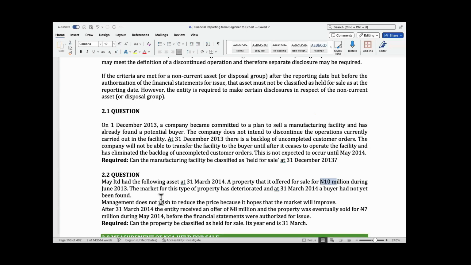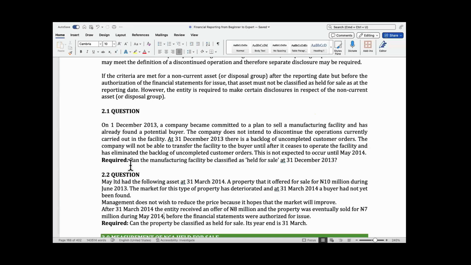Management does not wish to reduce the price because it hopes that the market will improve. After 31st March 2014, the entity received an offer for 8 million, and the property was eventually sold for 7 million during May 2014 before the financial statements were authorized for issue. Should the property be classified as held for sale? Its year end is March.